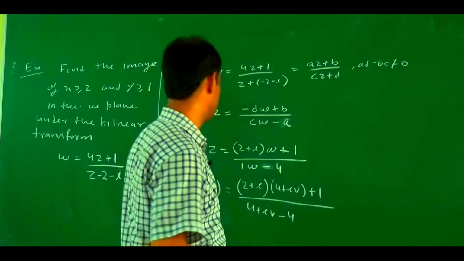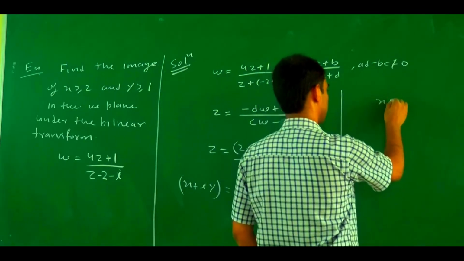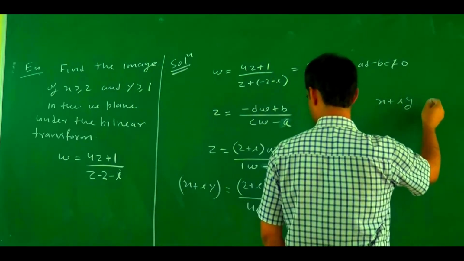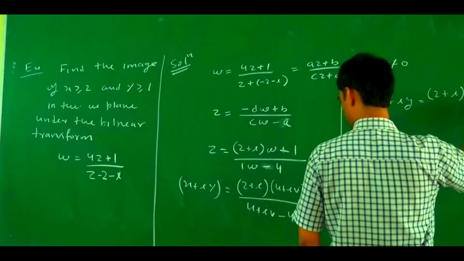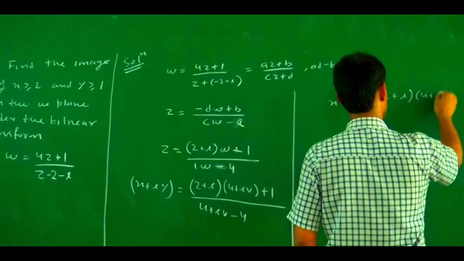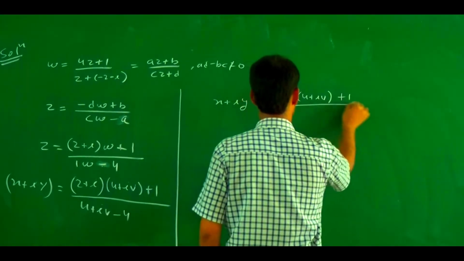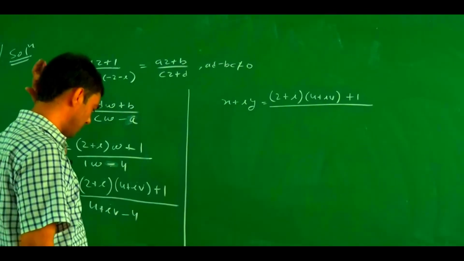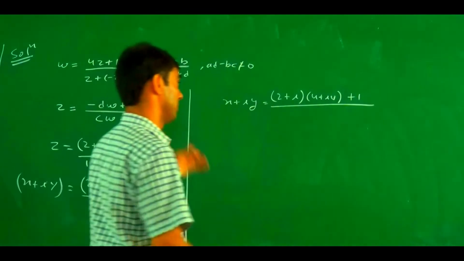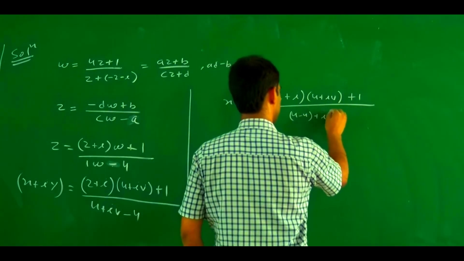After simplification, x plus iy equals (2 plus i)(u plus iv plus 1) divided by (u minus 4 plus iv).